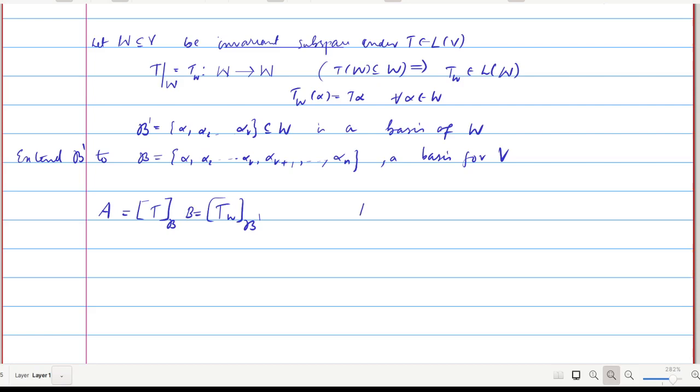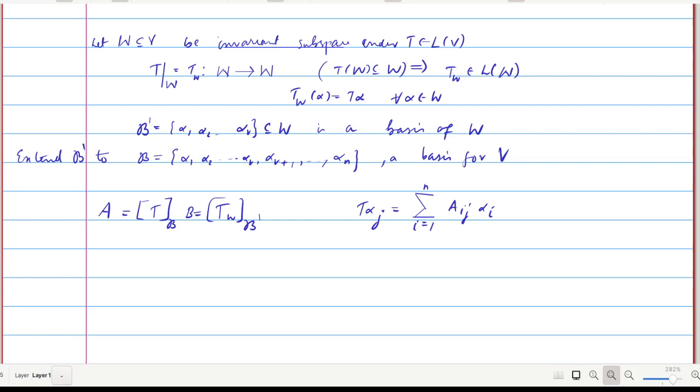A can be defined using the equations T alpha j is equal to summation i is equal to 1 to n A_ij alpha i. Okay, so this is the matrix of T relative to the basis B. Now we consider the matrix of TW relative to the basis B prime.